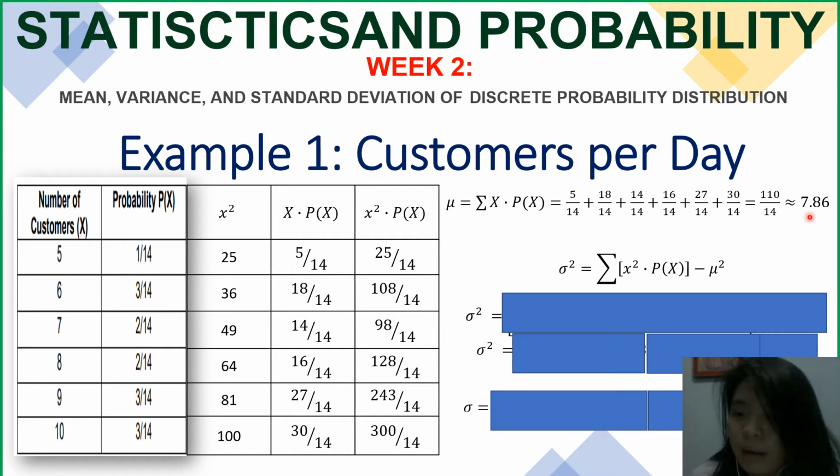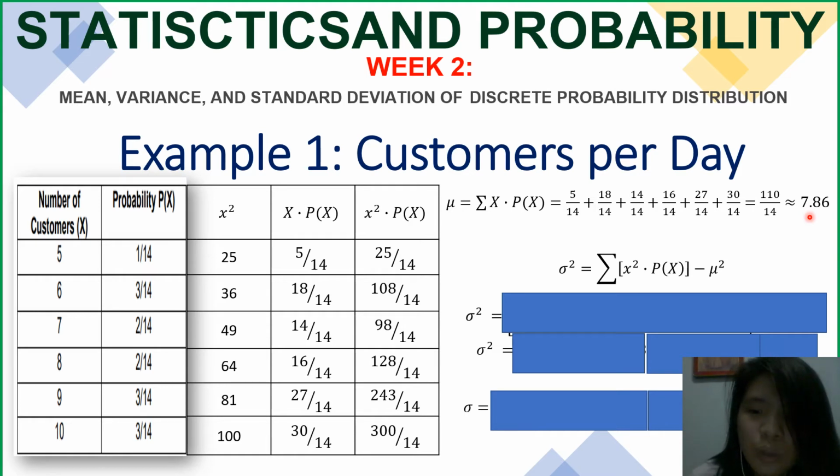Actually, kapag dinivide mo yung 110 by 14, equal siya sa 7.857142857. So, equal siya 7.857. So, i-round off na lang natin siya to the nearest hundredths. Kapag sinabi nating nearest hundredths, 2 decimal point lang. So, paano natin i-round off yon?